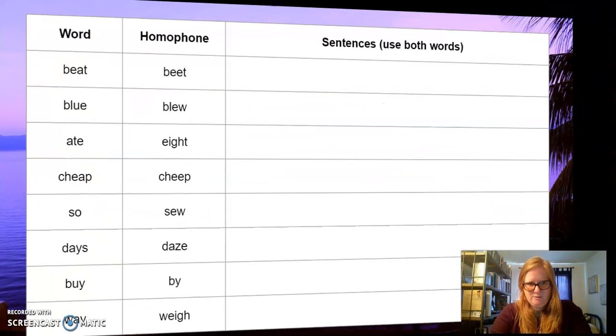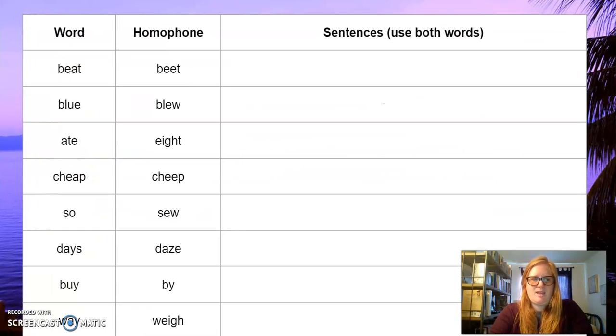So just a suggestion. Now what you're going to do is you're going to have both of the words, like I have beat and beet that you eat, and then you're going to have sentences using both words. So you can combine and do one sentence using both words.